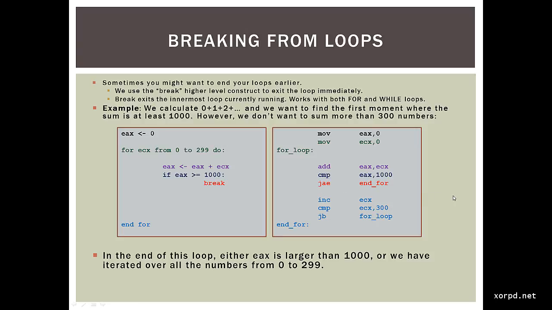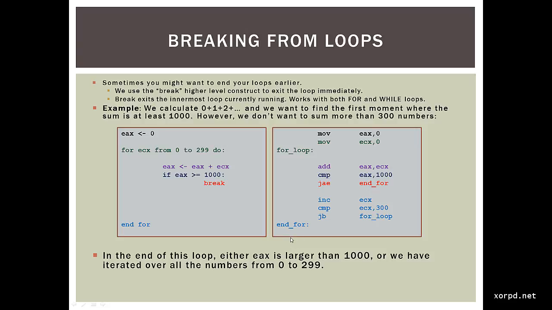Some words about termination of the loop. In the end of this loop, either EAX is larger than 1000, or we have iterated over all the numbers from 0 to 299. There is no sure way to know this. You are going to have to check it yourself when you exit the loop. So for example, maybe after this loop, you are going to have some kind of comparison.